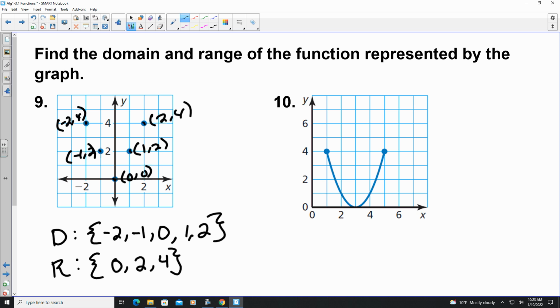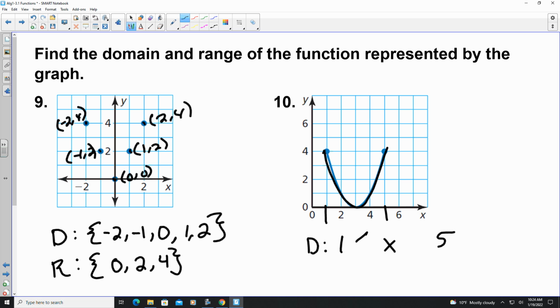When I look at 10, again, my domain is going to fit between here and here. Because I have the line that continually writes, so there's a particular stopping point and a particular ending point, I can now say, all right, x is going to fall between 1 and 5.